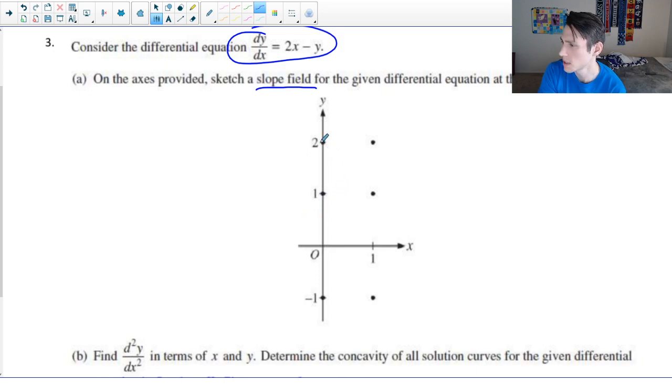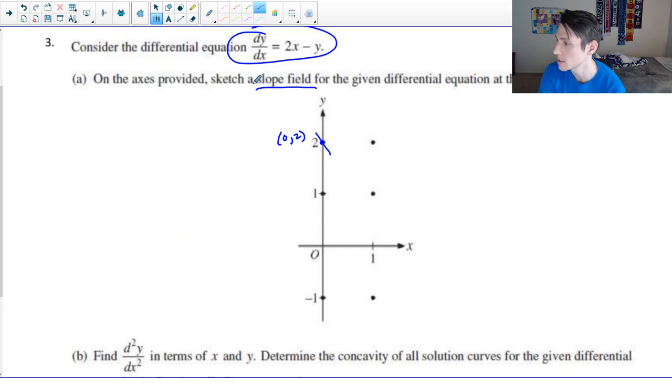So for example, at this point, which is (0, 2), if I plug that into this equation, 0 is the x value and 2 is the y value. So 2 times 0 is 0, 0 minus 2, a slope of negative 2.